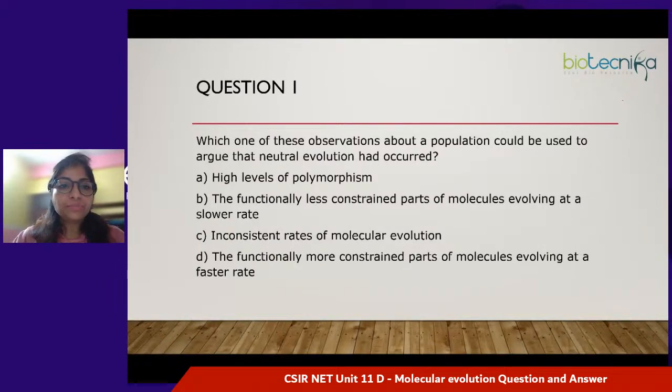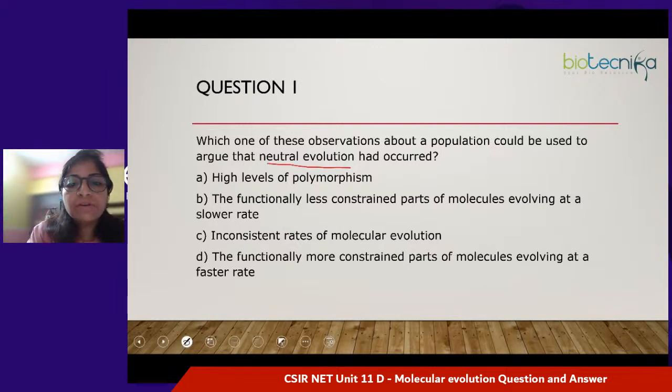All right. So starting with the first question: which one of these observations about a population could be used to argue that neutral evolution had occurred? A. High levels of polymorphism. B. Functionally less constrained parts of molecules evolving at a slower rate. C. Inconsistent rates of molecular evolution.